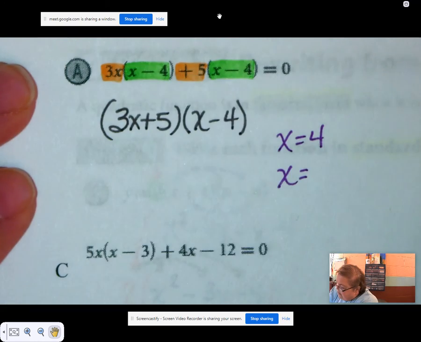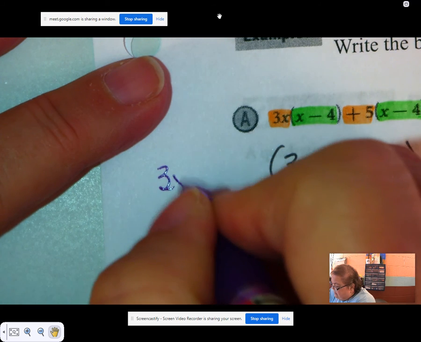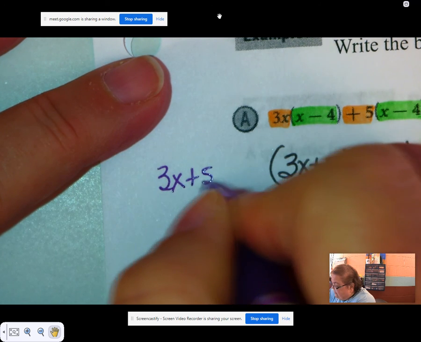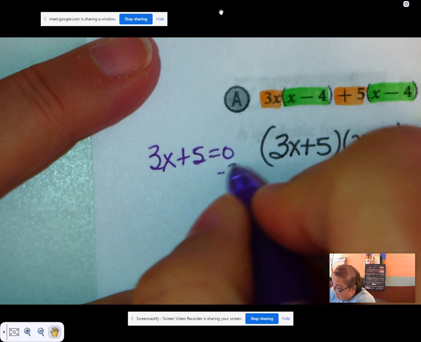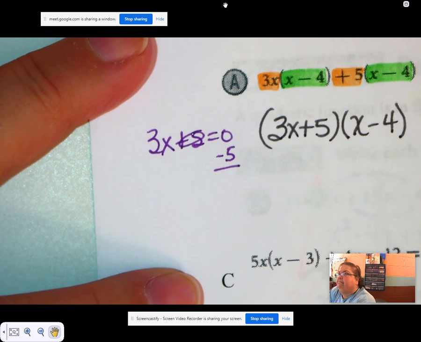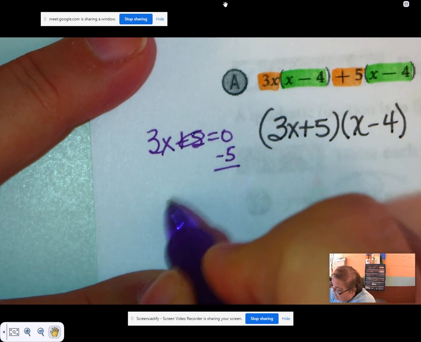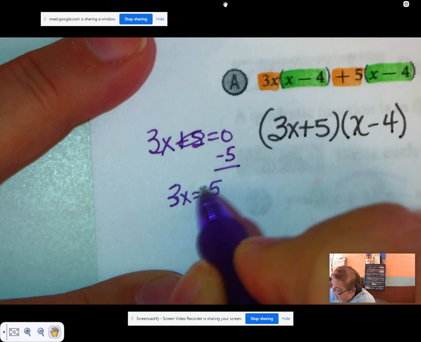So here we go. 3x, I'm going to put it over here to the side. 3x plus 5 equals 0. Subtract the 5. Makes that one go away. So now I've got 3x equals negative 5.